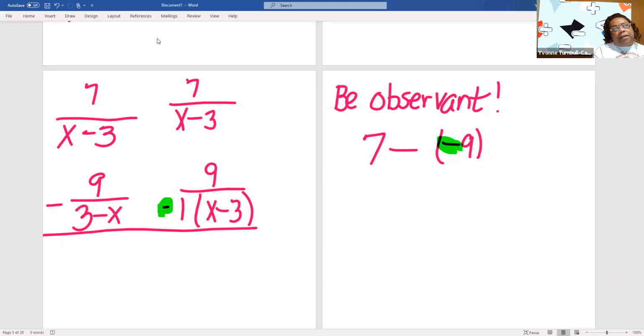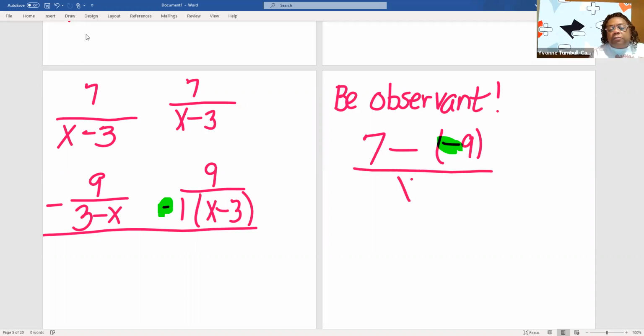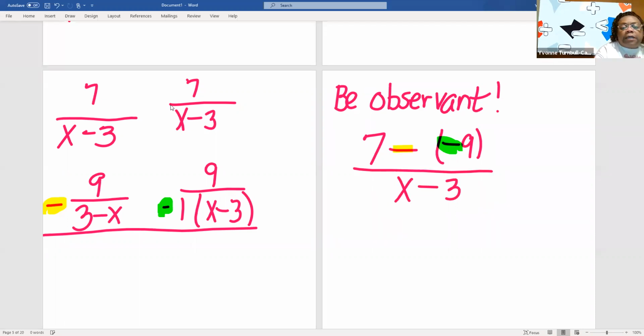Remember, a negative sign does not affect just the numerator or just the denominator. It affects the whole thing. So basically I'm just telling you that fraction is negative. And it's all still over x minus 3. The highlighted green is the same sign. It's a negative sign that was pulled out. The highlighted yellow is your operation sign. The operation sign has not changed.